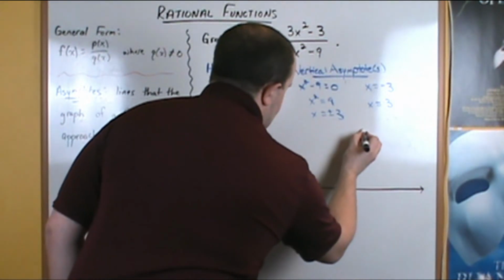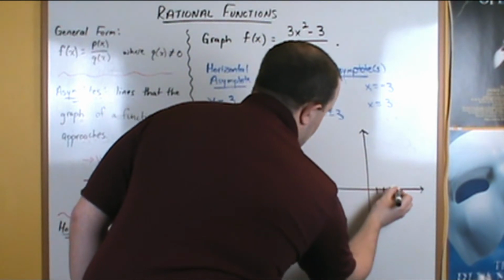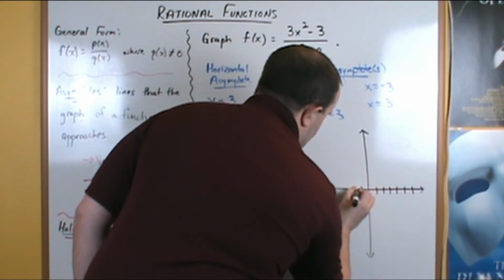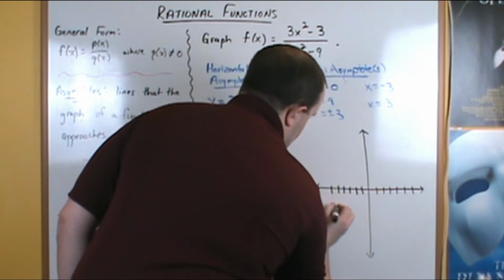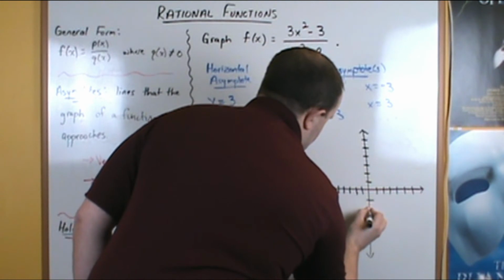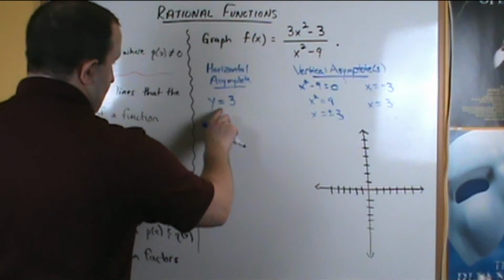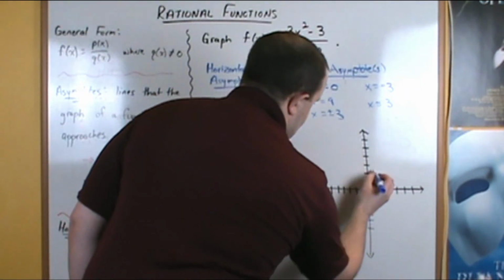So in our graph here, if we have a coordinate plane, our horizontal asymptote, y equals 3, it's going to be right here.